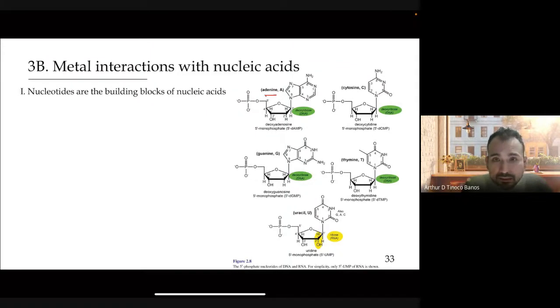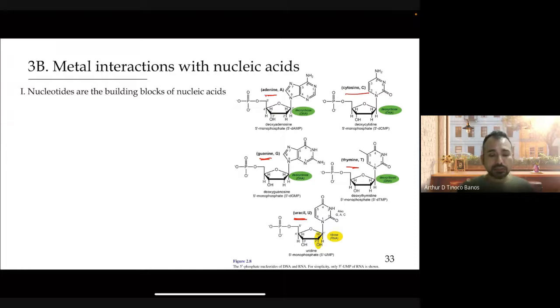We have adenine, cytosine, guanine, thymine. These are typical nucleotides that participate in the formation of DNA. And then you also have the additional uracil, which is typically what you will find in an RNA nucleic acid. Here we're just looking at the distinctions in terms of the actual bases. And that becomes important because here you start to think about, well, what's capable of metal binding? And that's going to be a very important question.